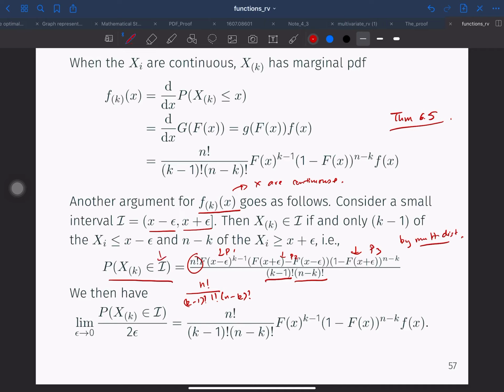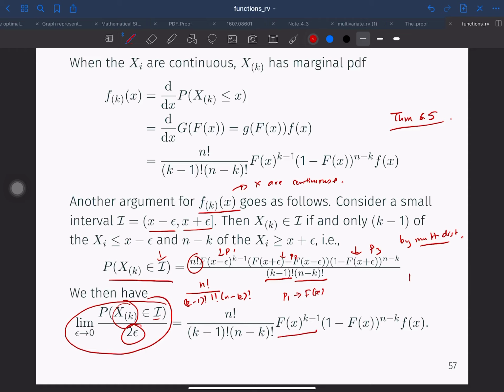So to get the PDF, you can just take the derivative, or you take the limit as epsilon goes to 0 of the probability that the kth order statistic is in the interval I, divided by the length of the interval. As epsilon goes to 0, the first term, P1, converges to F(x), so you get F(x) to the k minus 1.